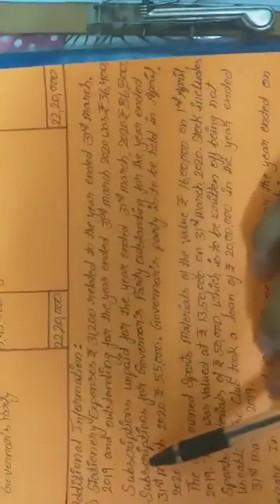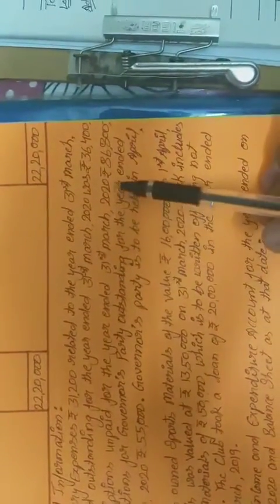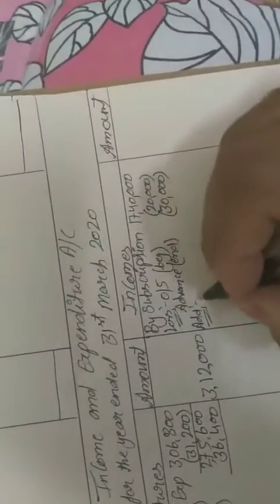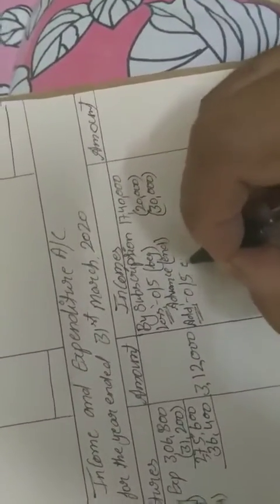Next one, this adjustment is also subscription unpaid for the year ended 31st March 2020 rupees 86,800. Means this subscription is outstanding but it is related to current year, so we will add this one, outstanding 86,800.